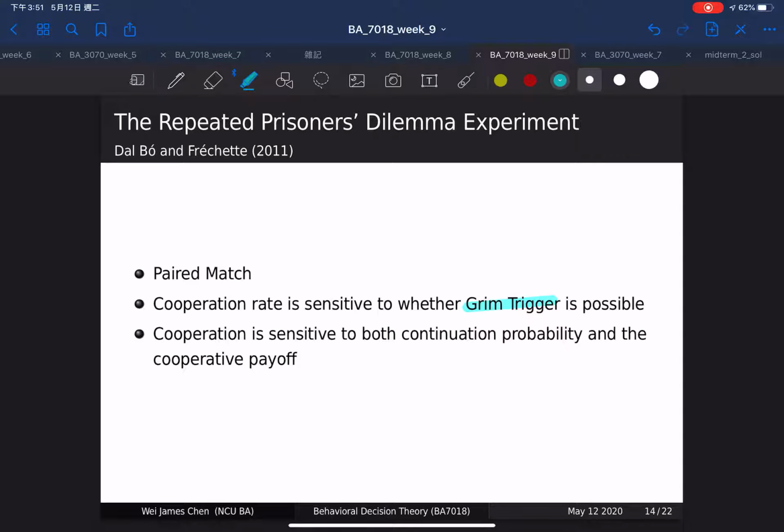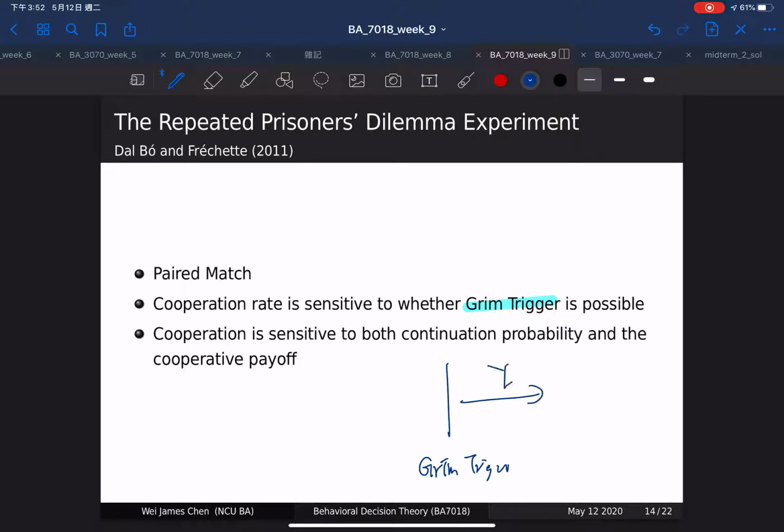But what happened? Between two different conditions, in one condition the grim trigger can sustain, and in the other the grim trigger cannot sustain. It is true that the cooperation rate is much higher when the grim trigger is possible. But the theoretical prediction is like this.